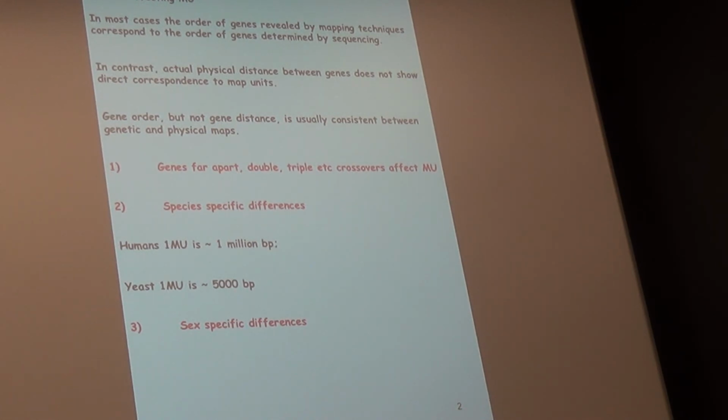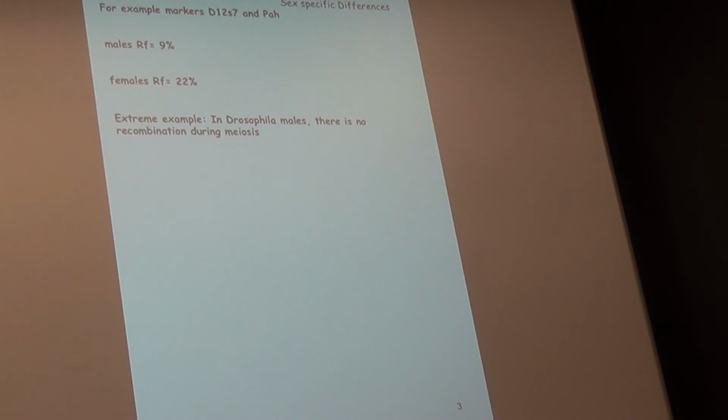So, another difference is sex-specific differences. And some of you have been told that in Drosophila males there are no crossing overs taking place, and that is true. That's an extreme example. So, if you take two genes in Drosophila and you map them, you get a distance that is D12 between two genes, D12S7 and PAH.